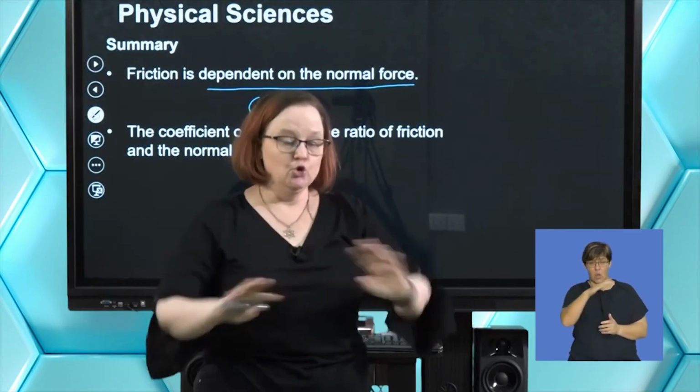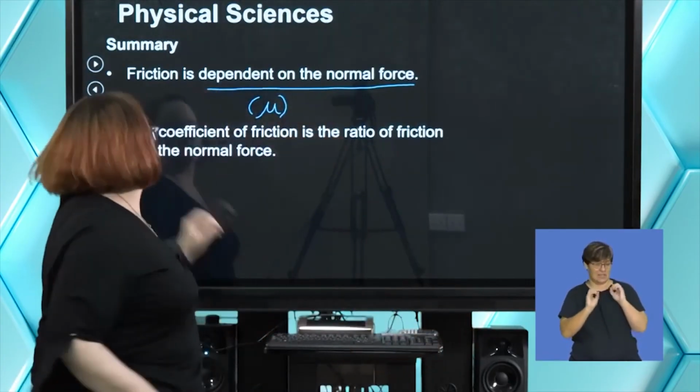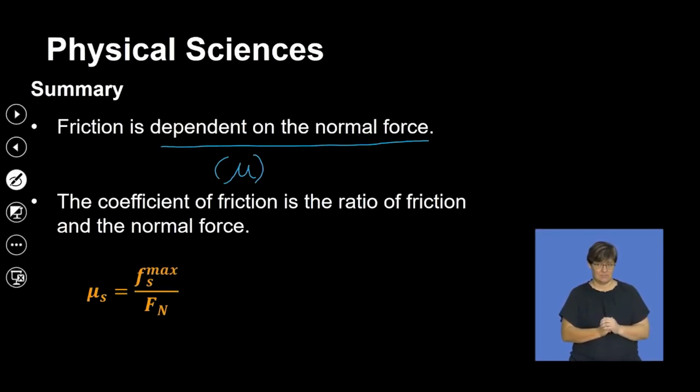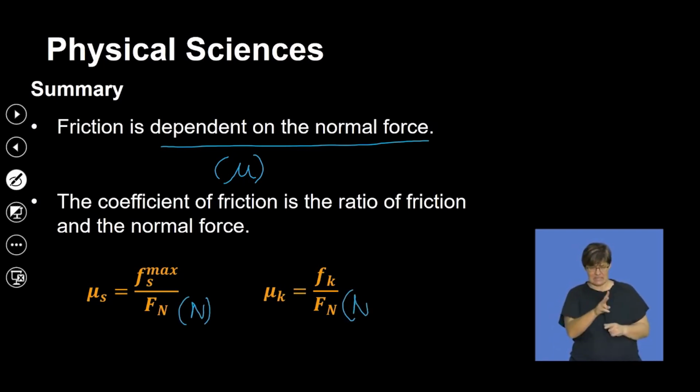Coefficient, no units. Okay, very important. There's mu S with maximum static friction, mu K with kinetic friction, and the normal force. Just as an aside, you may see these equations with an N instead of Fn. They're given to you on your information sheet. That's always nice. We like it when they give us equations.